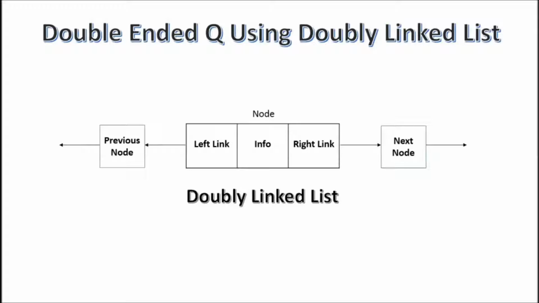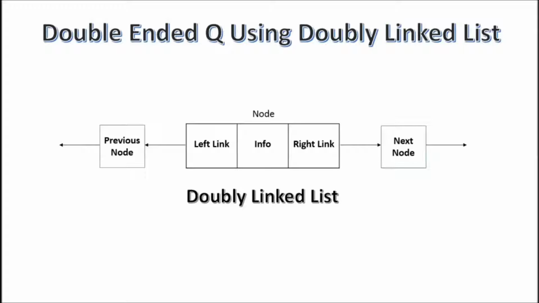The left link is a pointer that points to the previous node in the list, and the right link is a pointer that points to the next node in the list. Another thing to remember is that the first node in the list contains null for its left link, and the right link of the last node in the list is null.